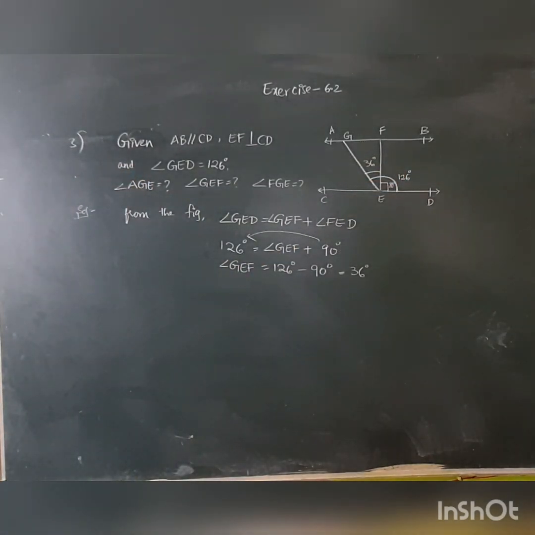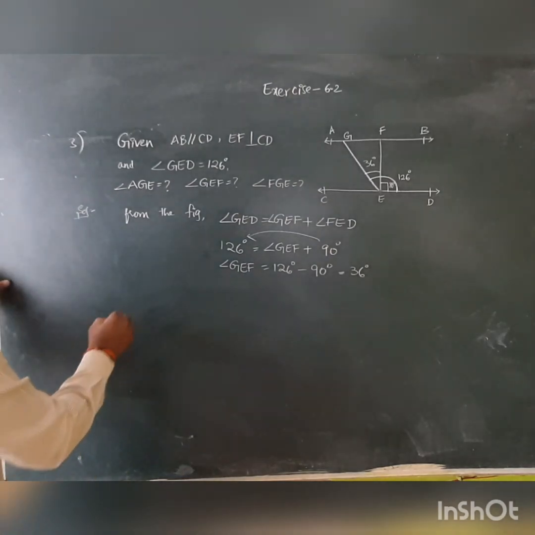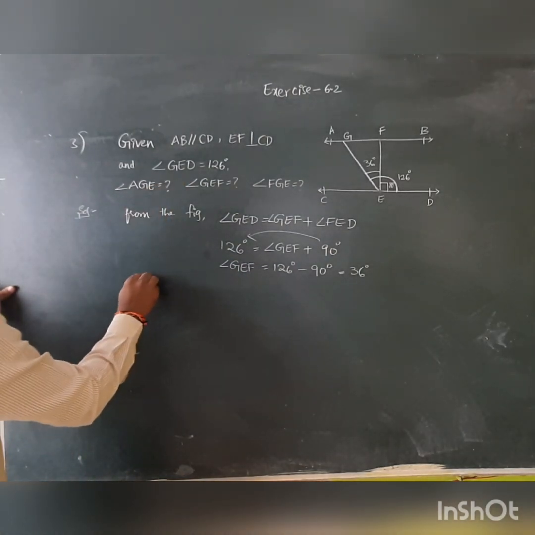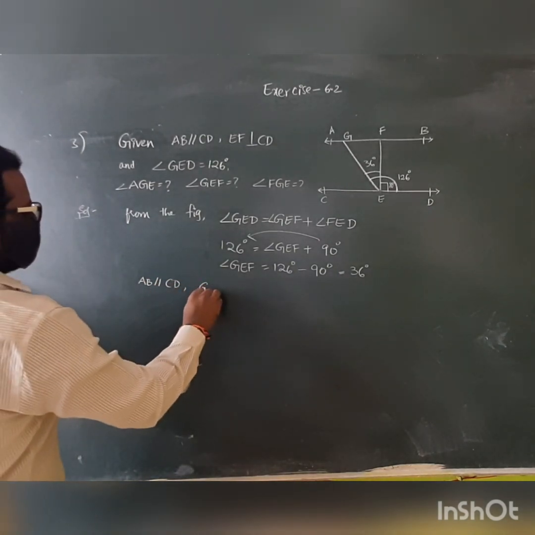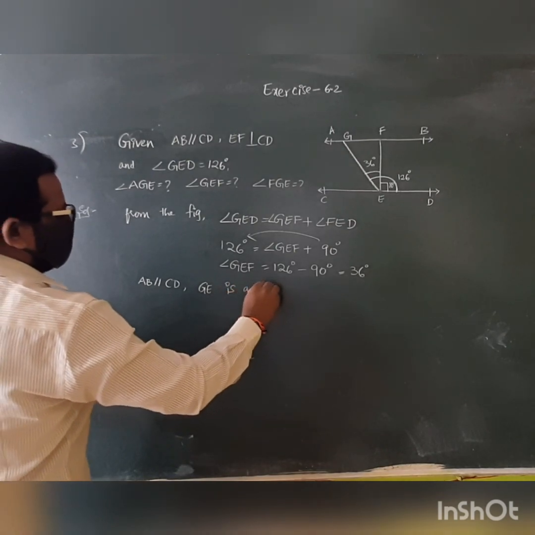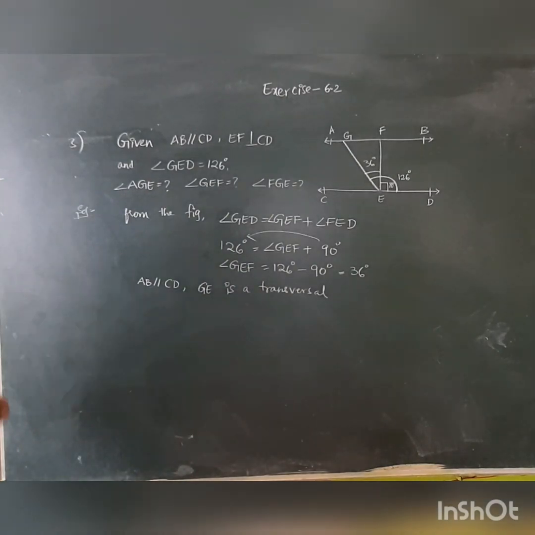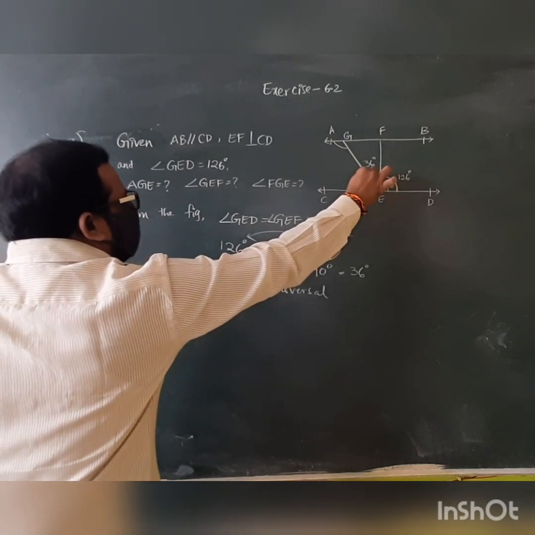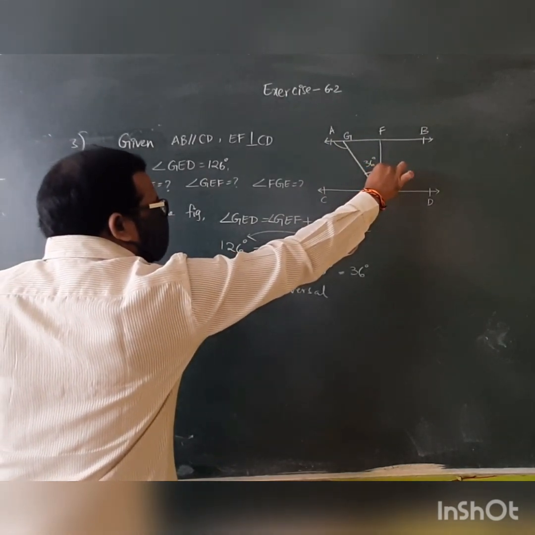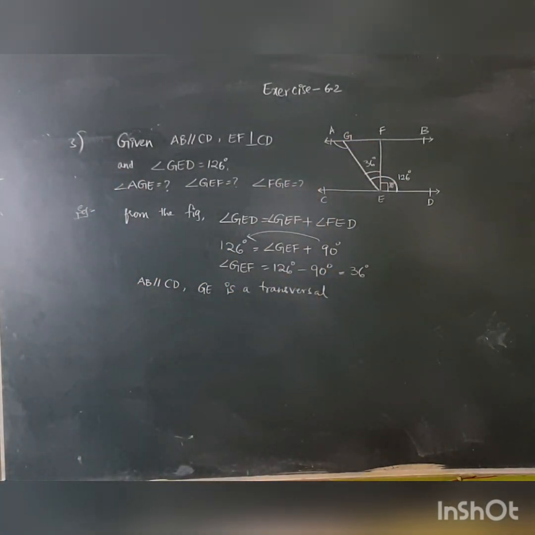Now let us find out FGE or AGE. Let us first find out AGE. From the question itself, we can see AB is parallel to CD and GE is a transversal. So if you observe, angle AGE and angle GED are interior alternate angles.